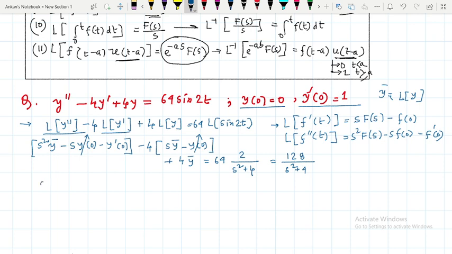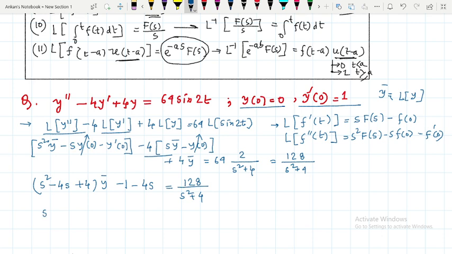We obtain s square minus 4s plus 4 of y bar minus y prime(0) minus 1 plus, minus 4s. Okay, from this we get this, and from this we get this, equal to 128 divided by s square plus 4.